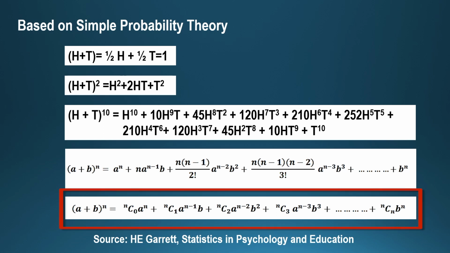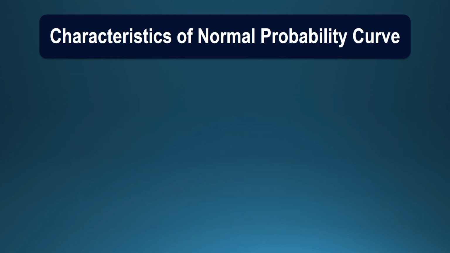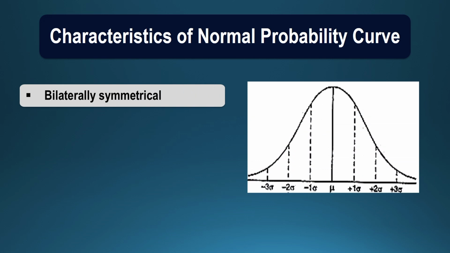Normal probability curve has certain distinct characteristics. The very first characteristic is that it is bilaterally symmetrical. 50% of the cases lie below the midpoint and 50% of the cases lie above the midpoint. It has exactly the symmetrical shape on both sides.